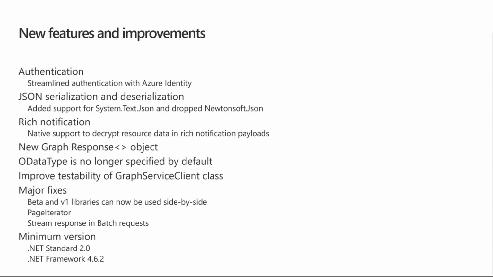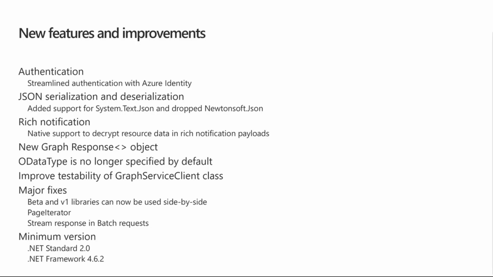The OData type is no longer specified by default, preventing users from having to perform workarounds for some scenarios where the API is not expecting this information. So now the property is only set in cases where type disambiguation is required.